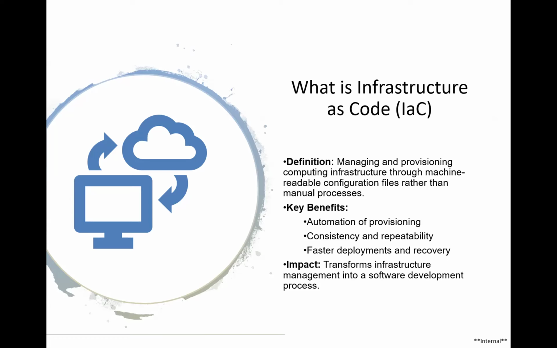To avoid all those things, we come up with a technology called infrastructure as code. As a part of DevOps, infrastructure as code will automate the provisioning, the configurations, and whatever deployments are required as part of the process.